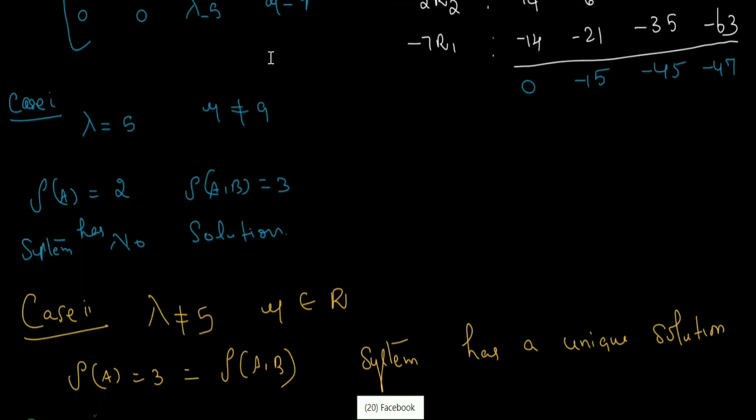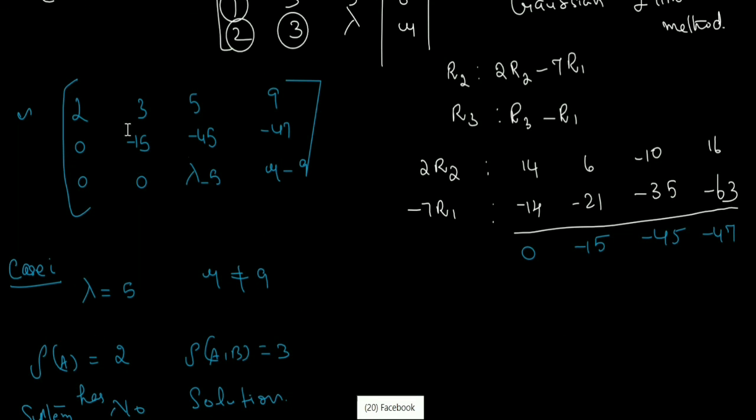So in that case, what will happen to the rank? If lambda is not equal to 5, there is a number here. So how many non-zero rows will be there? Let us find the rank of AB. So 1, this is a non-zero row, this is a non-zero row, this is also a non-zero row because lambda is not equal to 5, this is not equal to 0. So there are 3 non-zero rows. So rank of AB is 3.